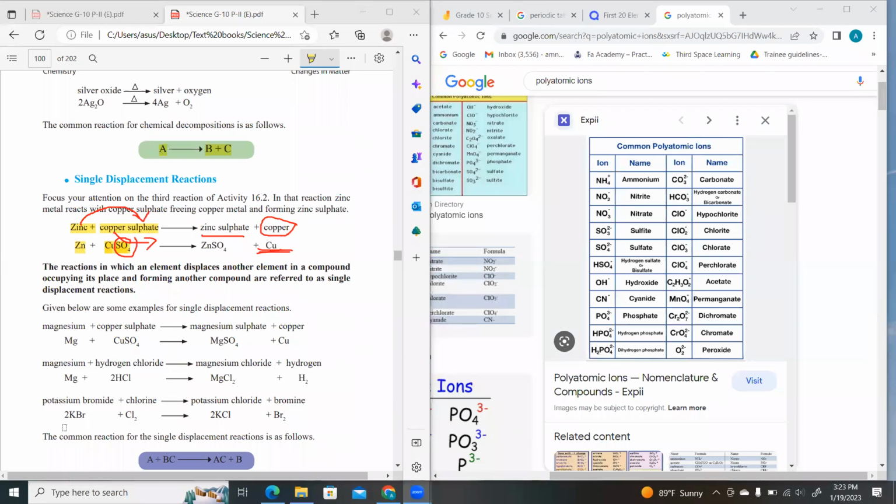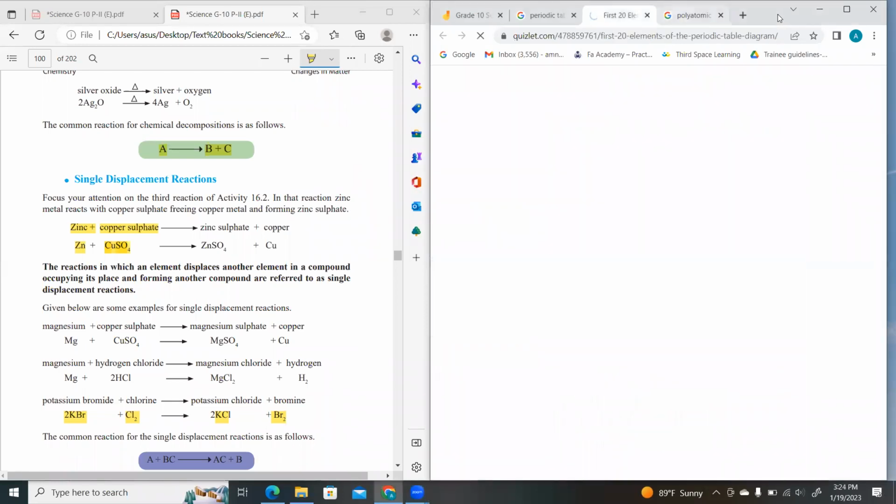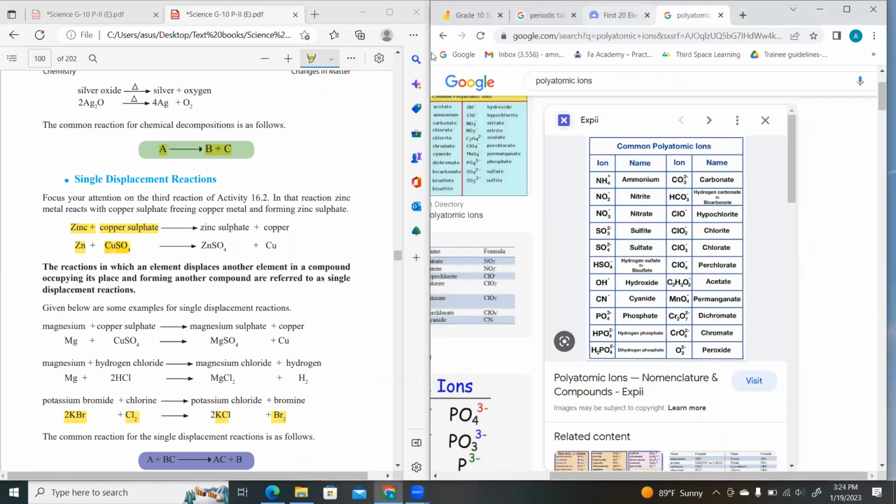You can see another example, KBr reacting with chlorine gas, and then it goes with chlorine, K goes with Cl, Br2 is alone. Now you must be wondering, why do we take Cl2 or O2? Because the gases are present as a molecule in nature.